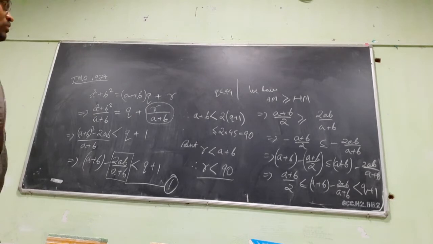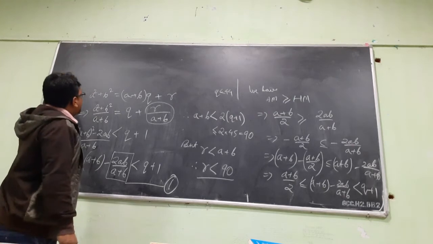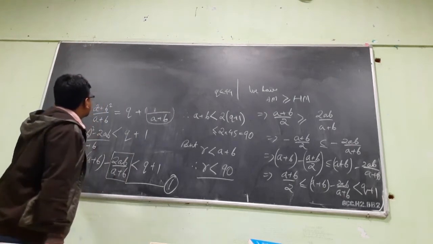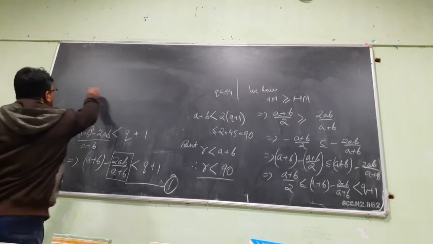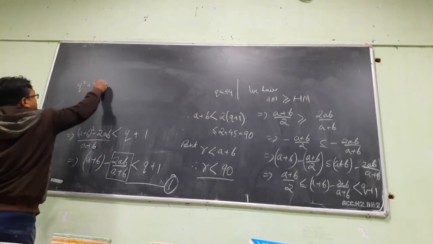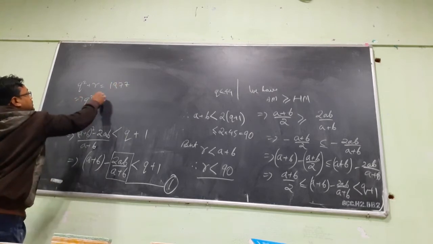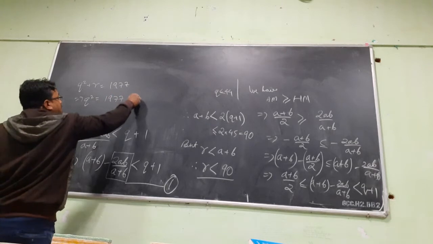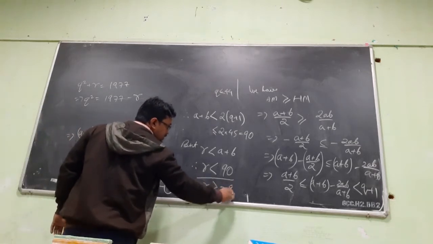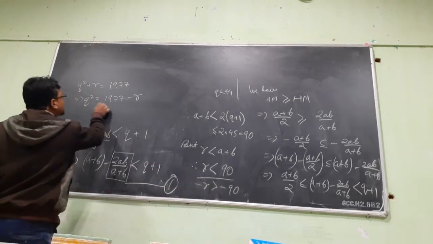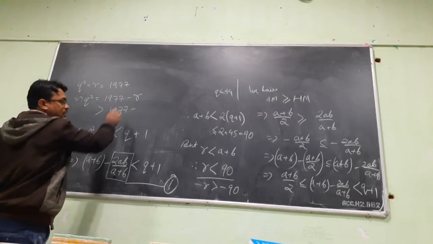So therefore now can we say something? q square plus r is 1977. So for which values will it be satisfied? Now q square plus r is equal to 1977. So this is q square equal to 1977 minus r. Okay, r is less than 90, so minus r is greater than minus 90. So this will be greater than 1977 minus 90.